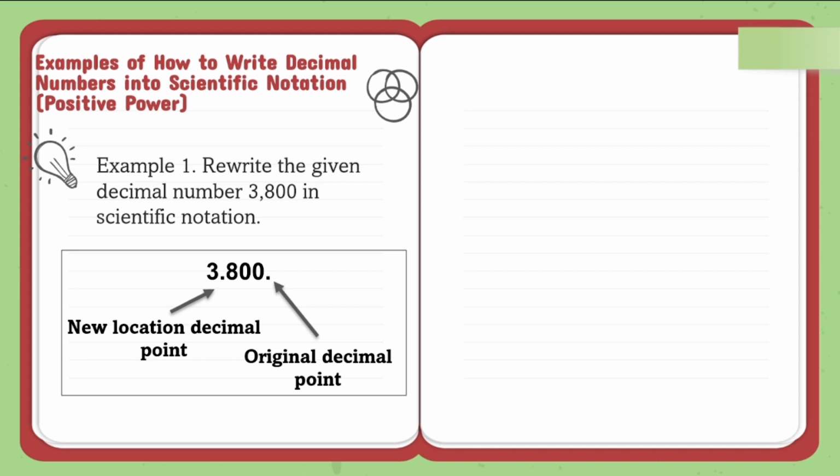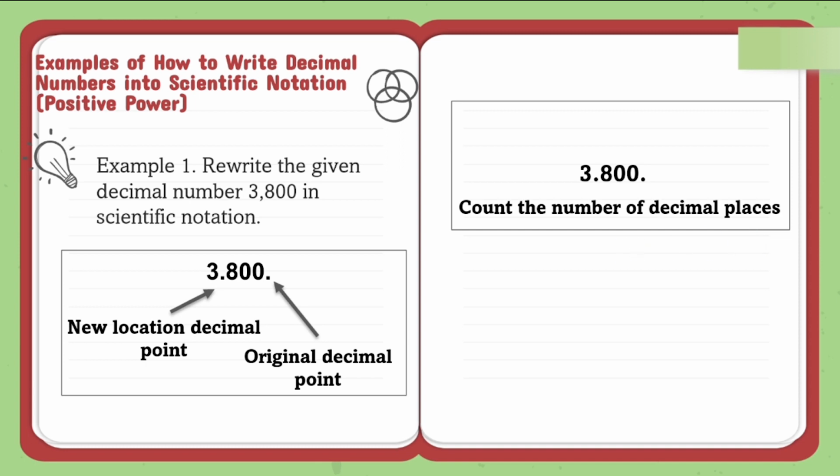Now we move the decimal point from the original to its final destination while counting the number of decimal places. We count 3 places to the left.